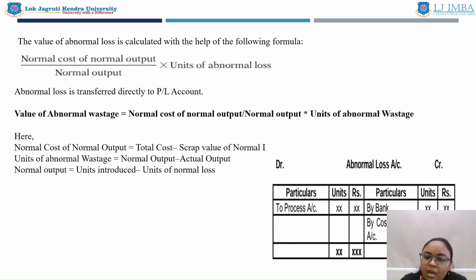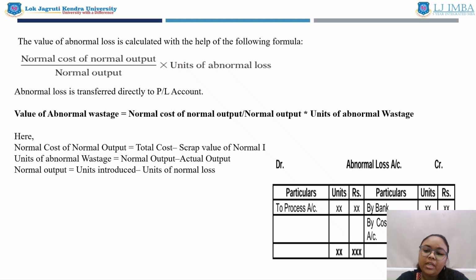See, now you can see the proforma of abnormal loss on the right hand side. What is it showing? The process account on the debit side. It means, for example, process 1 has an abnormal loss. Then we'll show that abnormal loss on the credit side of that process account, and from that particular account it will be debited to the abnormal loss account, to process account.